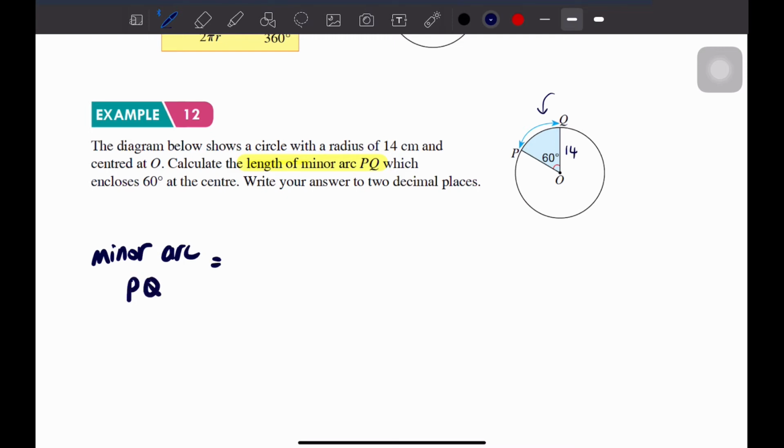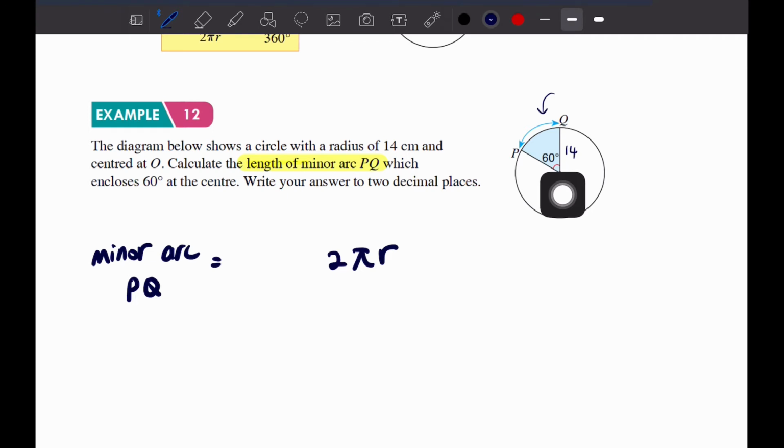First thing first, what is the formula for circumference? The formula of circumference is 2 pi r. You must remember that. If you plug in the value of r into this formula, you will get the circumference of the whole circle, not the one enclosed by 60 degrees.